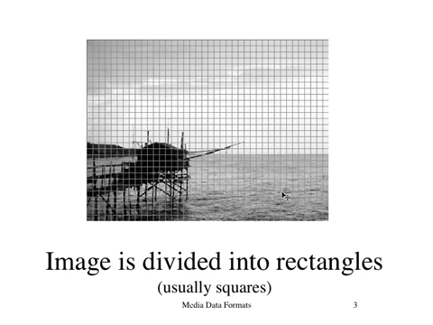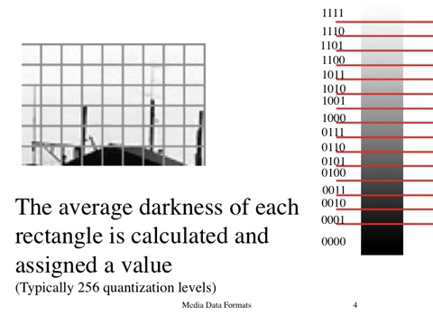Well, when we're digitizing an image, the first thing we do is we break it up into non-overlapping rectangles. They're usually squares, but they don't have to be. They can be rectangles. They would all be the same size. And then the average darkness of each rectangle is calculated. So we look at a tiny portion, and my cursor is always gone.